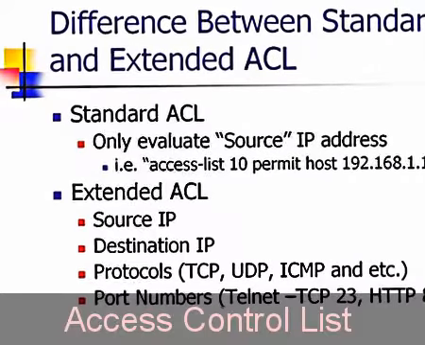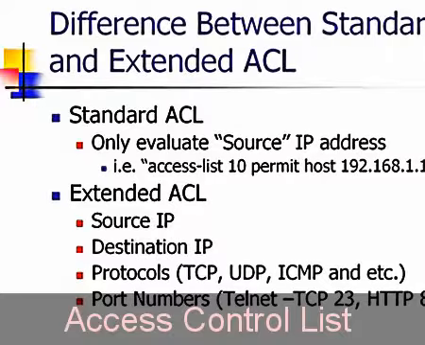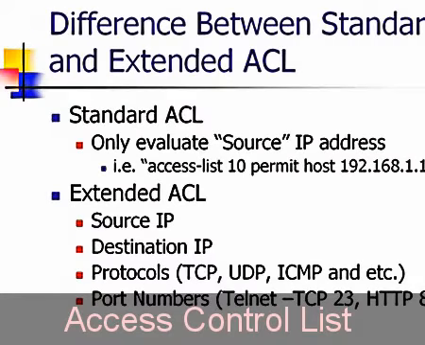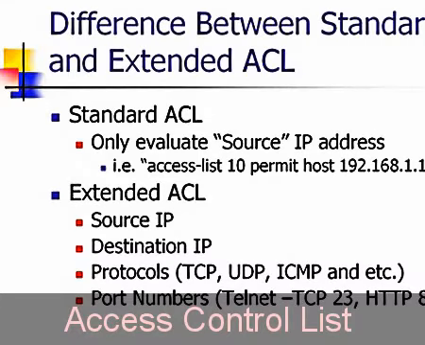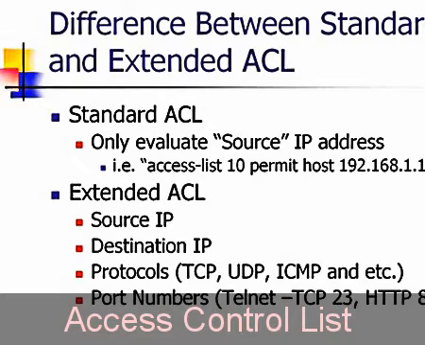Let's talk about the difference between a standard access list and an extended access list. Think of a standard access list as a simplified version of an extended access list, which only evaluates the source IP address. For example, there's access list number 10 and permit only the host 192.168.1.1.